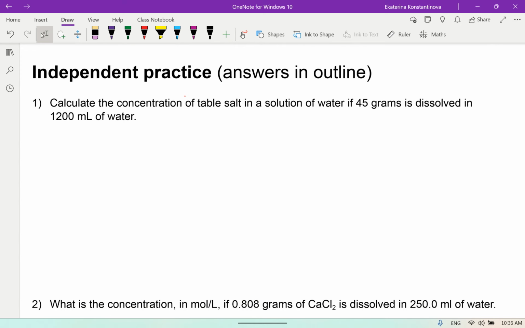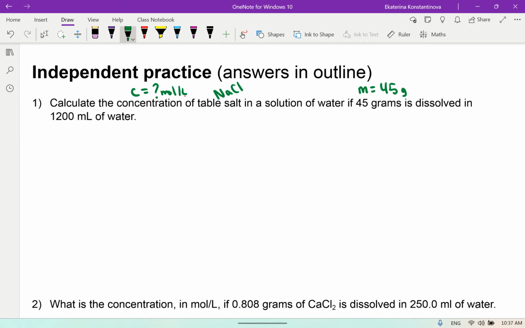And now we're going to do the first example together in the independent practice where we are asked to calculate the concentration in mole per liter of table salt, which is NaCl, in a solution of water if 45 grams is dissolved. So that's your mass, 45 grams in 1200 milliliters of water.